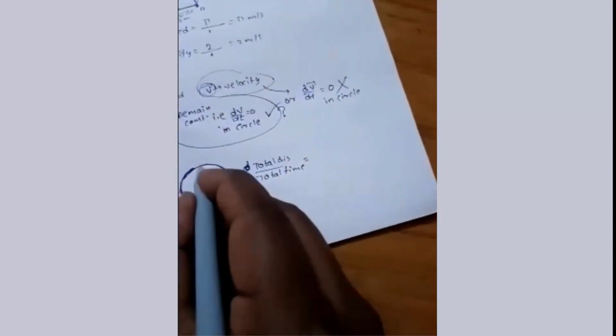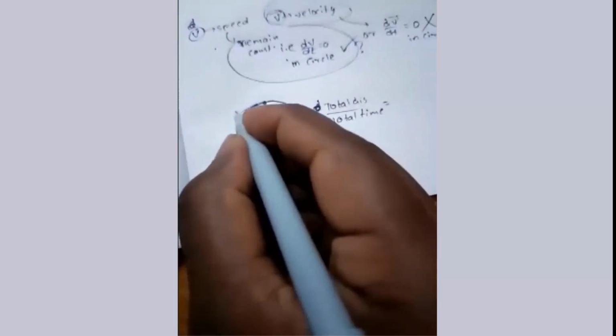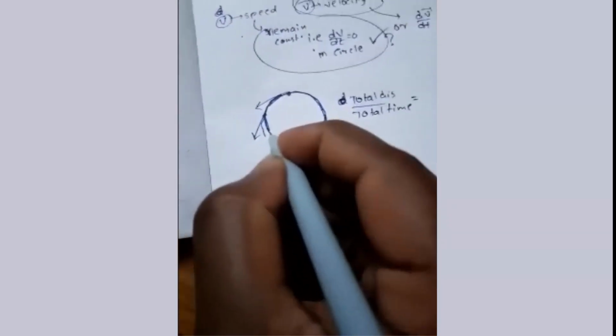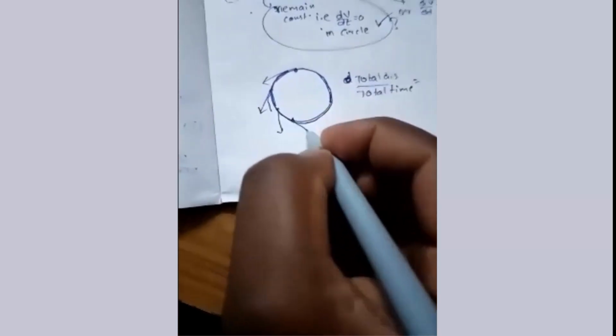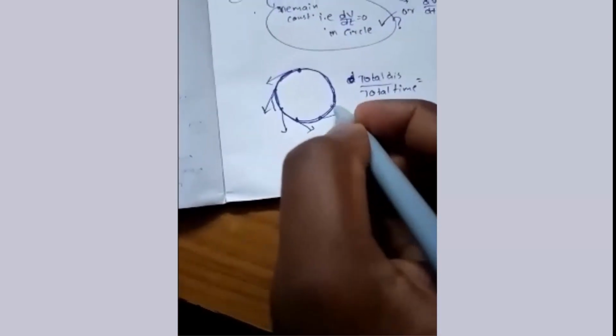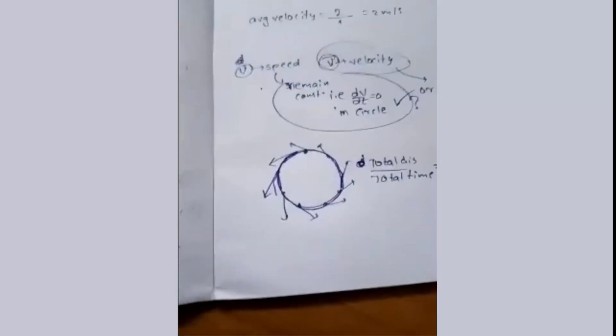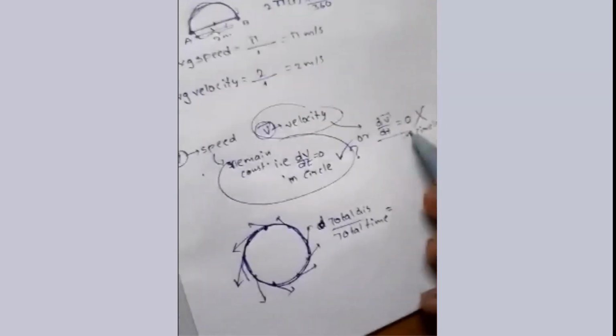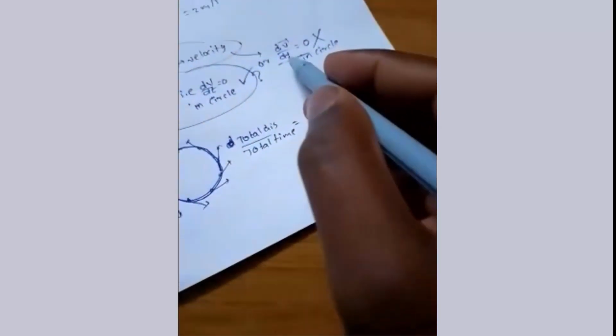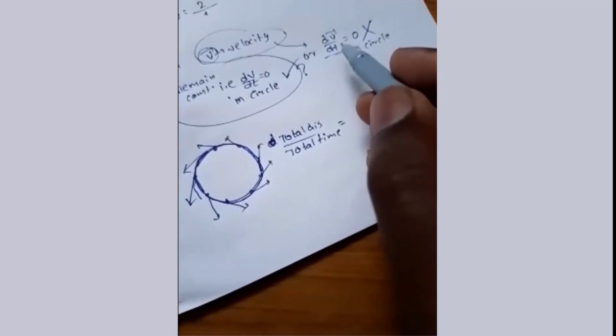But see, in circular motion, at every point the particle changes its direction. So the velocity does not remain constant because it is a vector quantity. It depends not only on magnitude but also on direction.